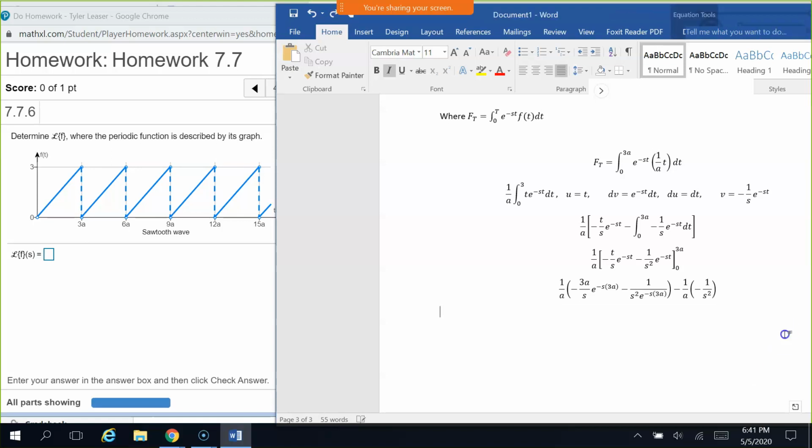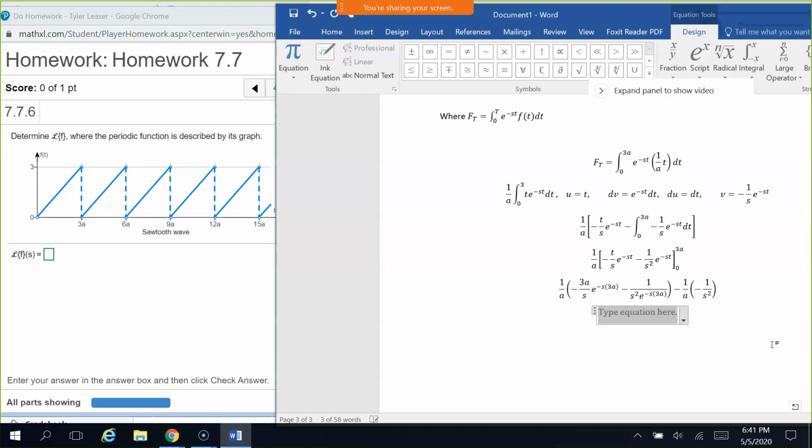Yeah, we could try cleaning this up. So they all have a 1 over a. I guess I'll just leave that out front for now. I don't know if there's really going to be much that we can clean up here.